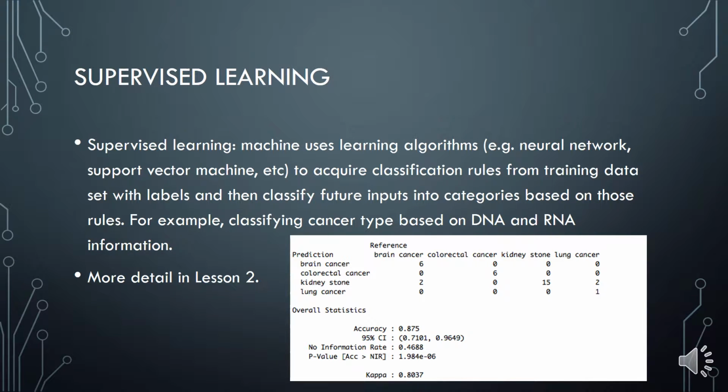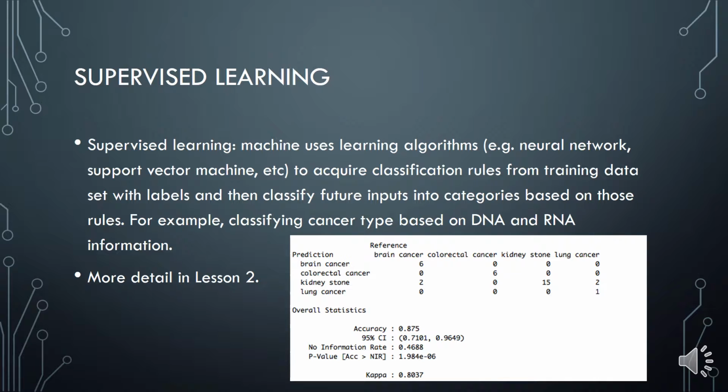Supervised learning deals with classification tasks using established algorithms such as neural network, support vector machine, classification tree. If you work for the bioinformatics industry, you are probably also familiar with the method called PAMR.